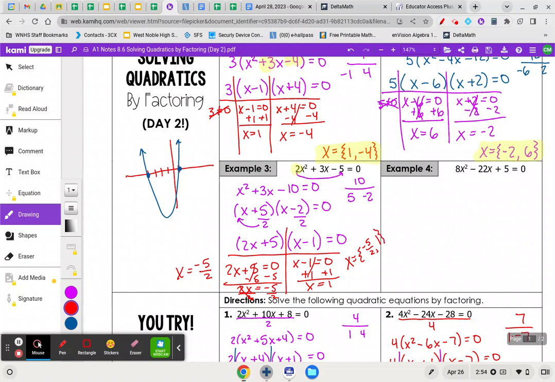Example 4 is also a slip and slide problem. There is no greatest common factor, so I'm going to go ahead and slip the 8 back and multiply. So we have x squared minus 22x plus 40 equals 0.